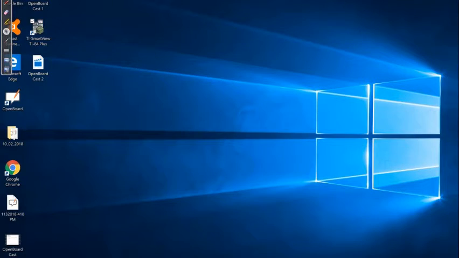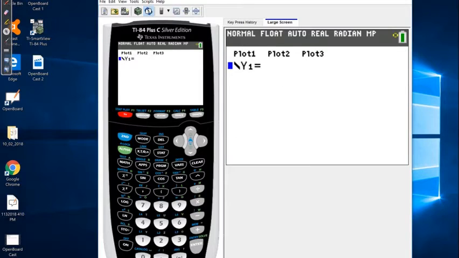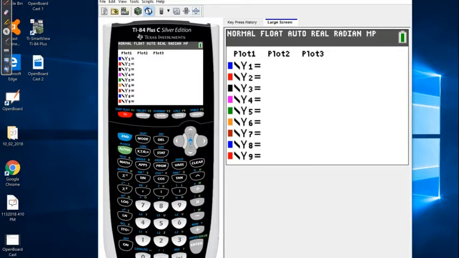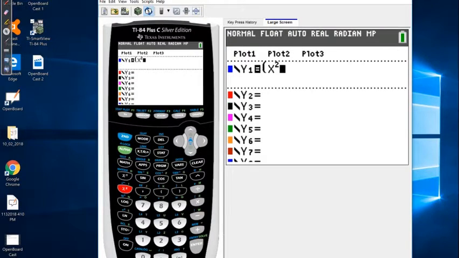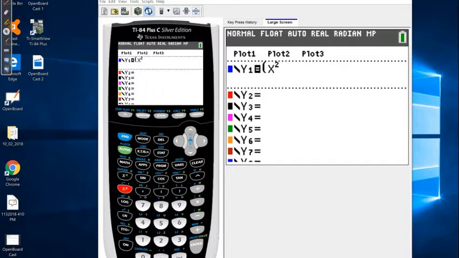So when you do a calculator sketch, I would highly recommend getting your calculator out and typing it in. Now there's a couple different ways you can type it in. I use the parentheses with a division bar. So I do parentheses x squared minus x minus 6.